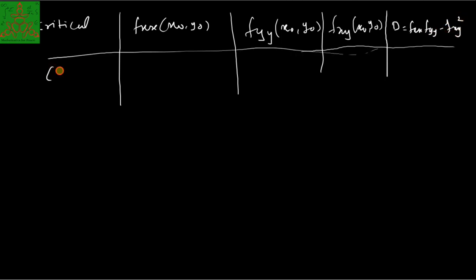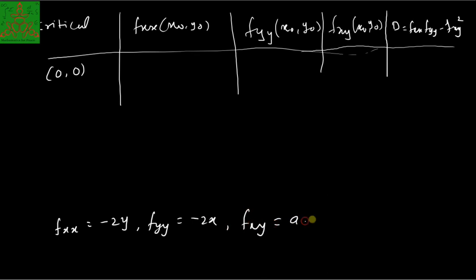So the first point that we have calculated is 0, 0. Let us write down the value of fxx we got: minus 2y, fyy we got minus 2x, and fxy we got is a minus 2y minus 2x. If I have this, this is your fxx, this will be 0, this is also 0, fxy you will have a, so hence this is the value minus a square.